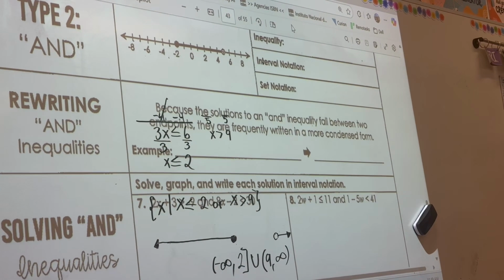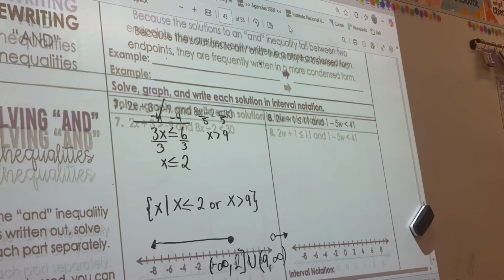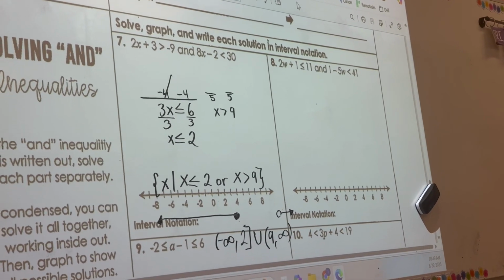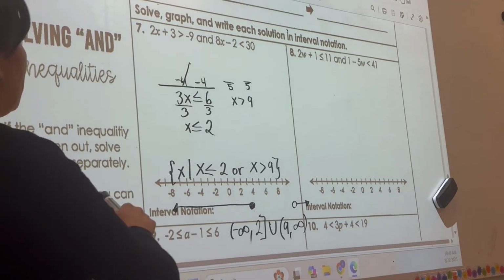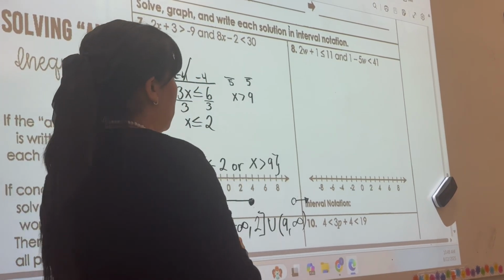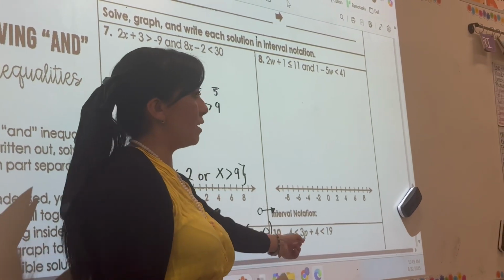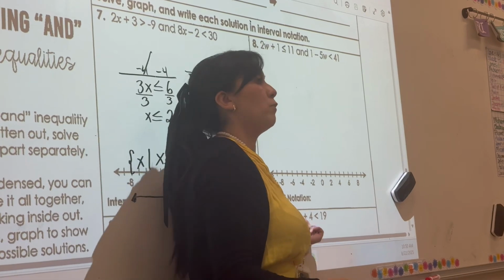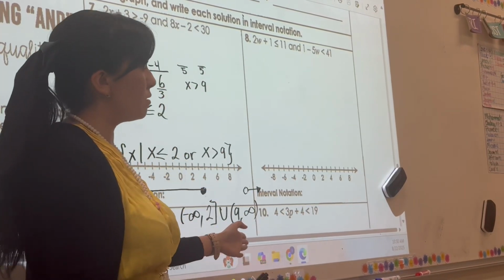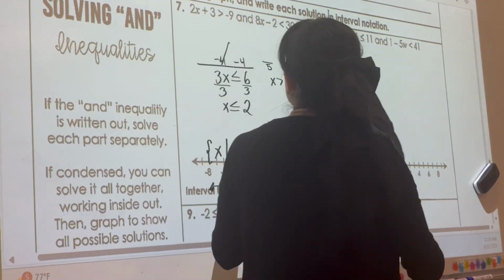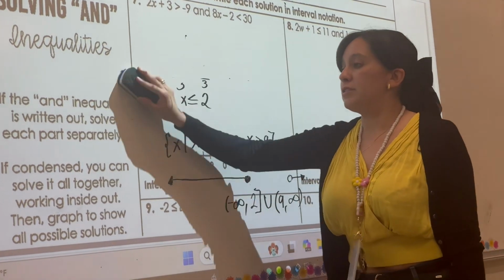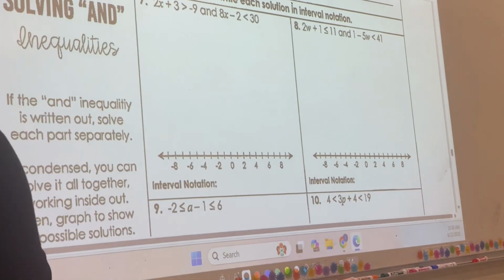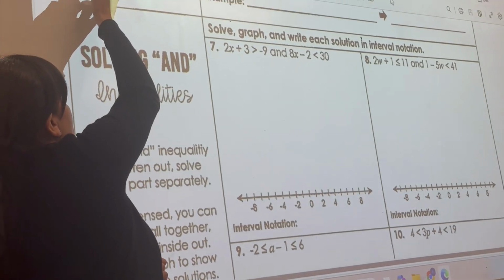In the AND, we are going to have two kinds of situations, okay? We can have literally the AND written down, or we can have expressions like number 10 where we have three parts to our inequality. Does it make sense what I am saying? Yes. Okay, so may I erase? As I told you, in the end we are going to use the part that they share.